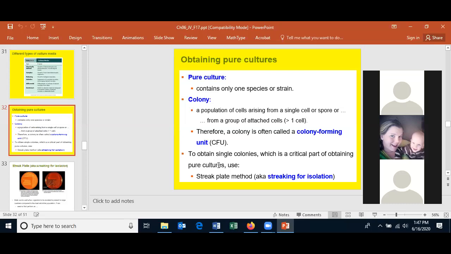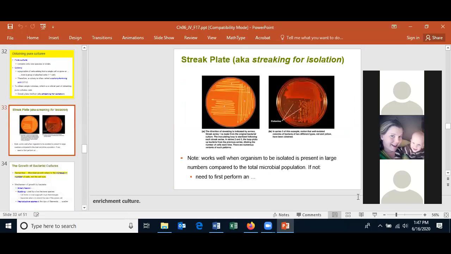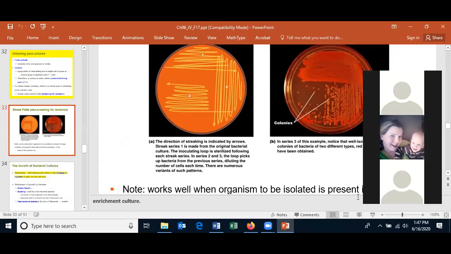And the second time you get isolated colony, it doesn't guarantee that it's a pure culture, but it's a really high chance that it's a pure culture. And that is that if you streak it out twice, let me blow that up, on a plate, the second time you grab from an isolated colony like that colony there, it's a really high chance that from that colony that went through streaking for isolated colonies twice, that will be a pure culture.